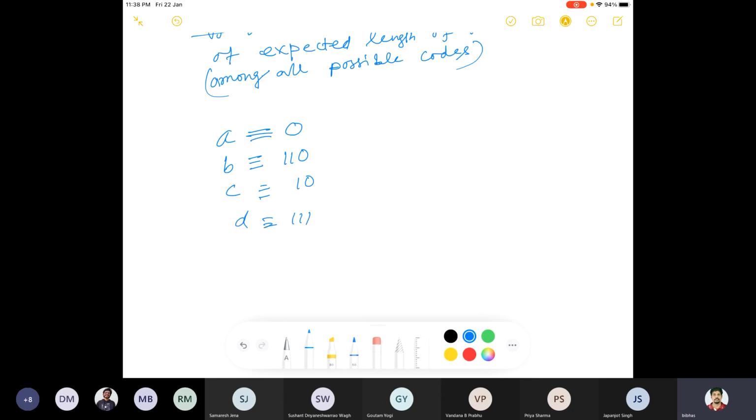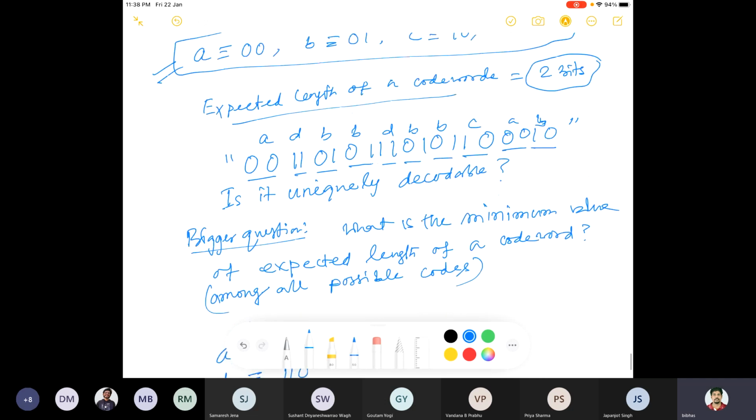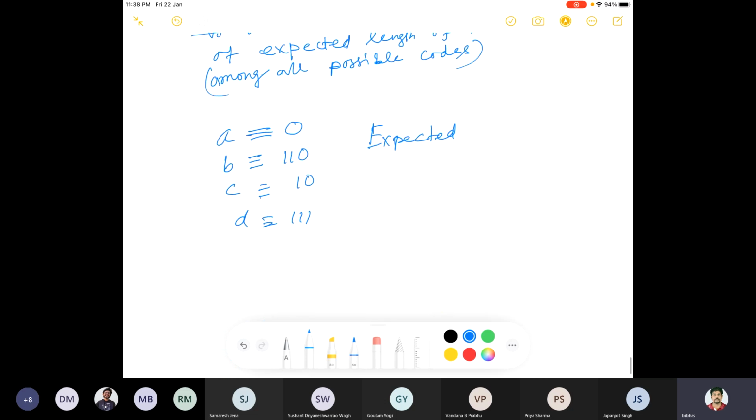Now let us calculate the expected length of this coding scheme. See, here the difference is this is a fixed length code, okay? And here I introduced a variable length code.